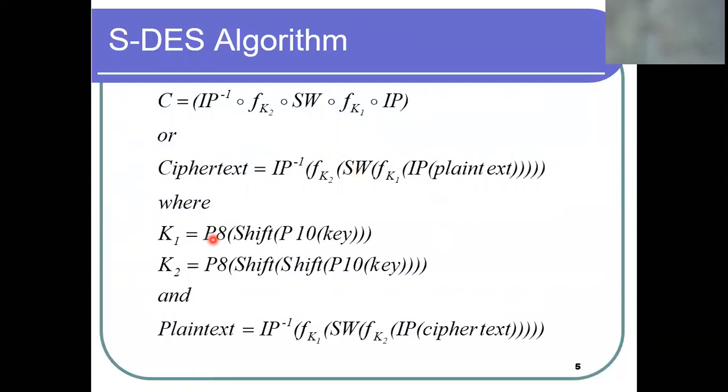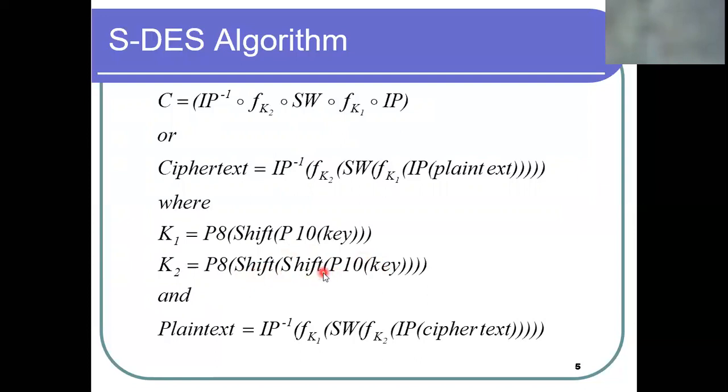So students, this is all about K2, how one can get K2. We will apply a 2-time shift on our key. First we will apply P10. This is P10 applied on a key of 10 bits, and this performs the first left shift. Then after this, on the output, we will apply a shift again.